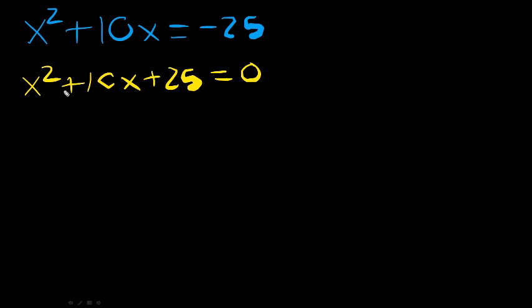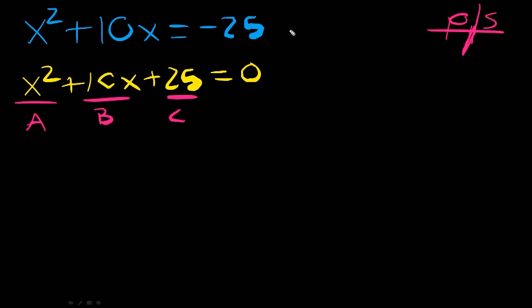Now, in order to factor this, what we need to do is get two numbers that equal the product sum. So what does this mean? Product sum. Make a table right here real quick. If your teacher has not taught you, basically you need to know that this is the A term, this is the B term, and this is the C term.